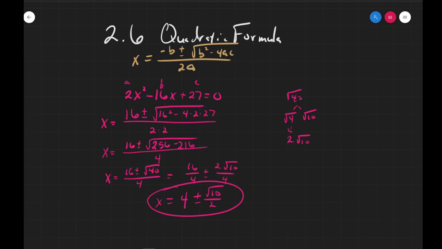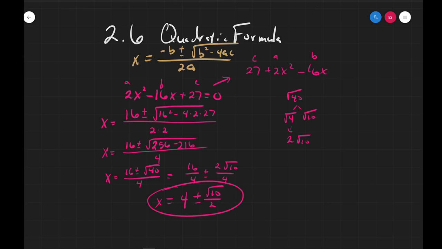Now remember, even if we're writing this a little bit strangely, so like say we had 27 plus 2x squared minus 16x, a, b, and c don't change. A is still the number that's attached to x squared, b is still the number that's attached to x, and c is the number that doesn't have an x. So make sure that you're paying attention, and all those numbers are still in the same spots, still applying to the correct variables.